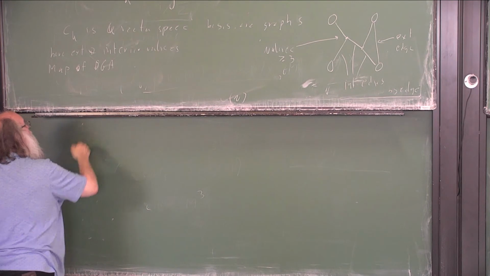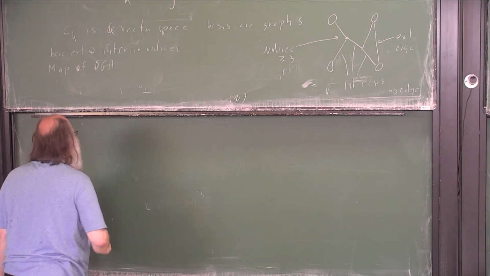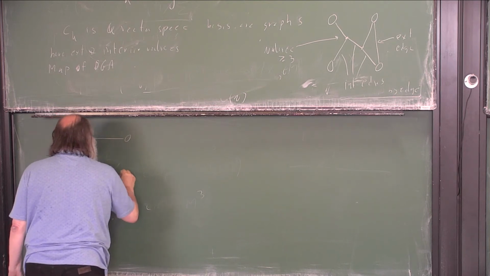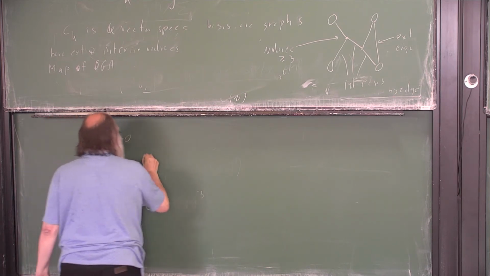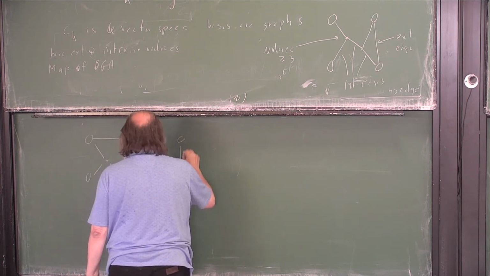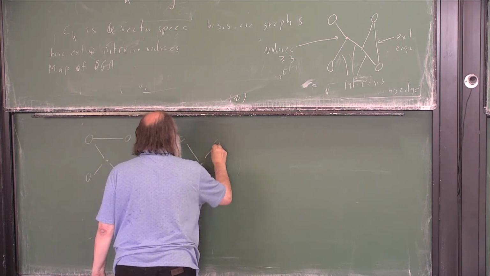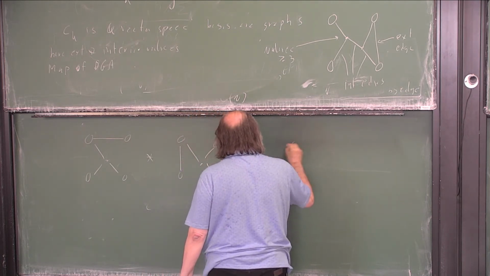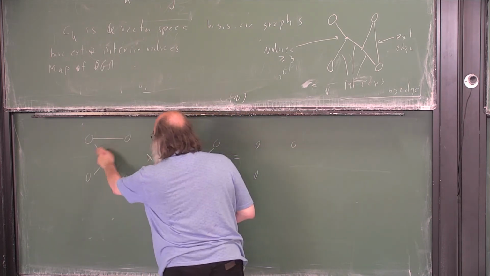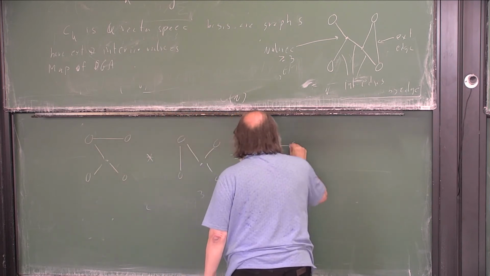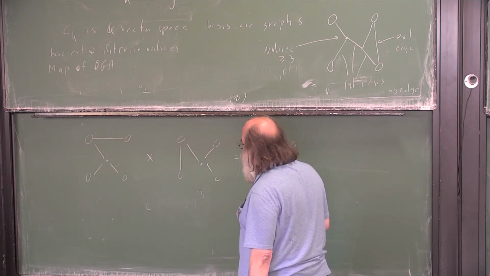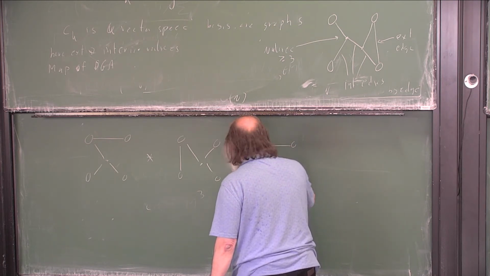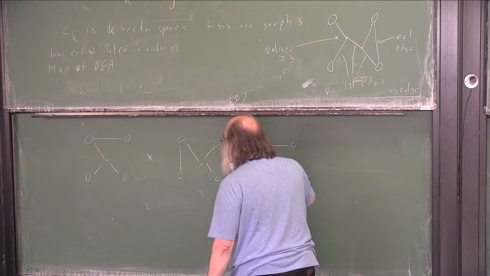So what are the multiplication rules? If you take this and multiply it by that, first you just add the external edges and the internal edges.